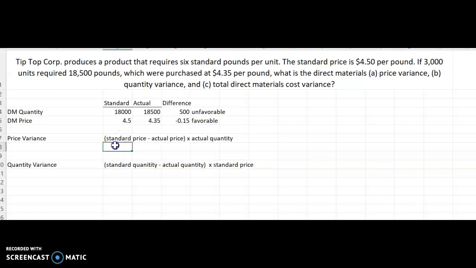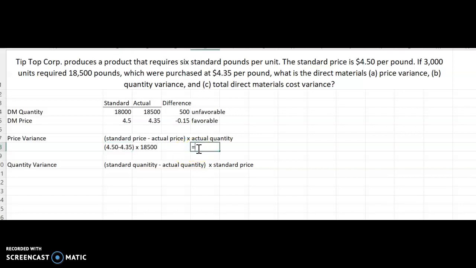Okay, so let's plug this in. Standard price is going to be $4.50 minus the actual, which is $4.35, times the actual quantity, which is 18,500.